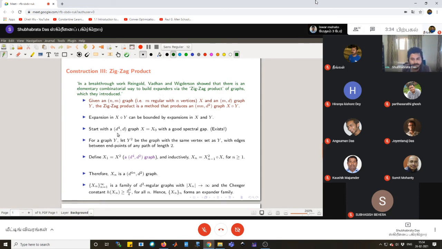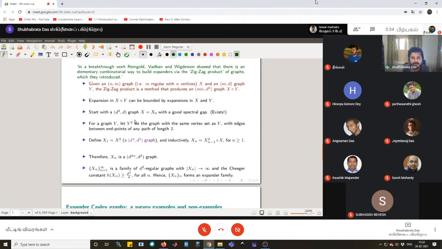What they do is look at the square of this graph. What do they mean by square? We take the graph with the same vertex set, and we join edges between the endpoints of paths of length 2.